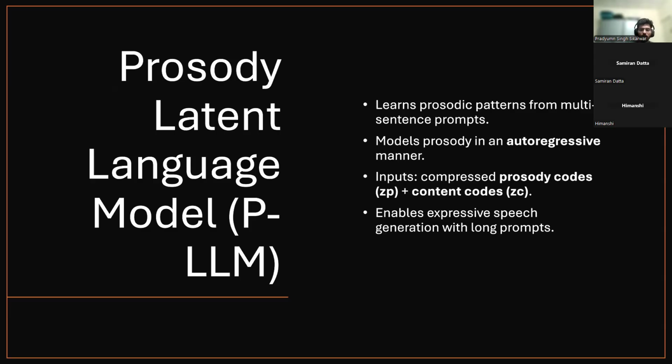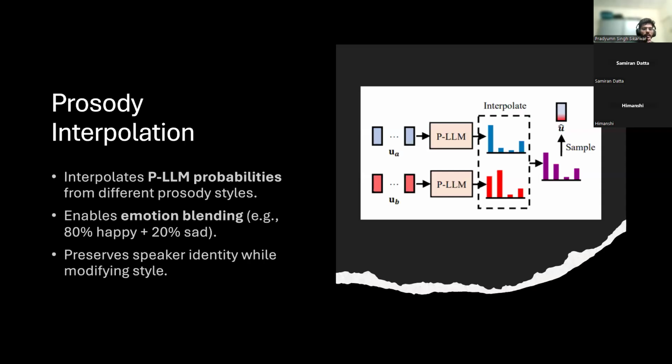If we go to the next slide, we will understand that we want to extract two sets of prosody codes, one from the target speaker and another from a different speaker and emotion. So we decide a factor, gamma, that helps us here. Suppose a person wants to say "I love pizza", and there can be two emotions in that, maybe an ideal example: a happy emotion or a sad emotion.